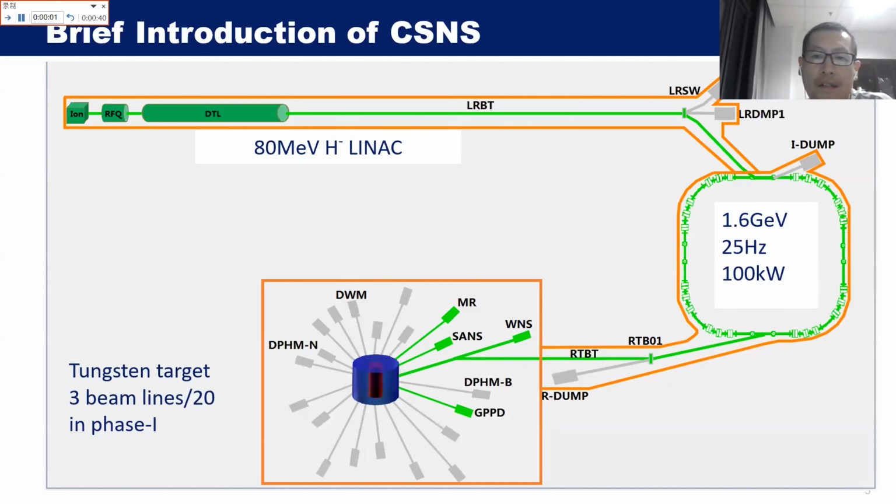This is the CSNS facility. The accelerator consists of an 80 MeV H- Linac and a 1.6 GeV RCS. The beam power is 100 kilowatts in phase 1. The accelerator is a 25 Hertz pulsed accelerator.